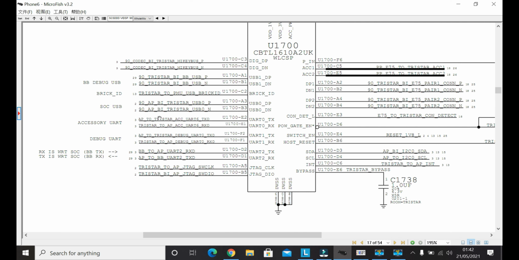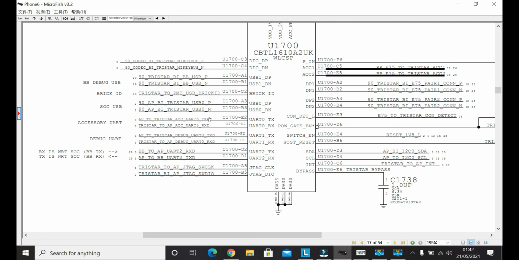And now if we go down and see here, look at this connection. AP, which we already know from the first video is the application processor, to TriStar ACC accessory UART6 TXD connection. So that's a TXD signal from the application processor to TriStar. So that is an input.